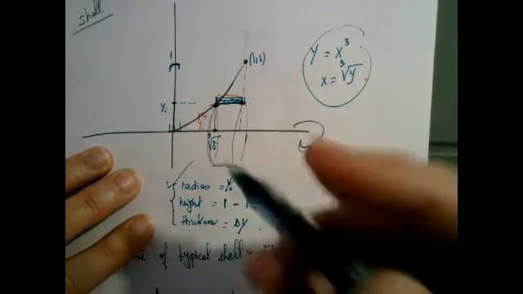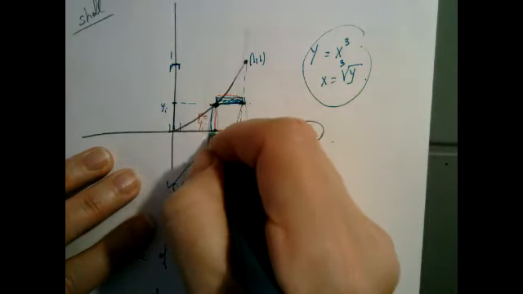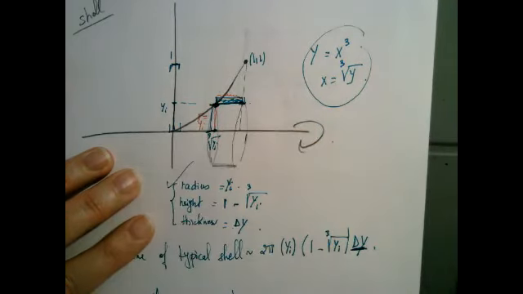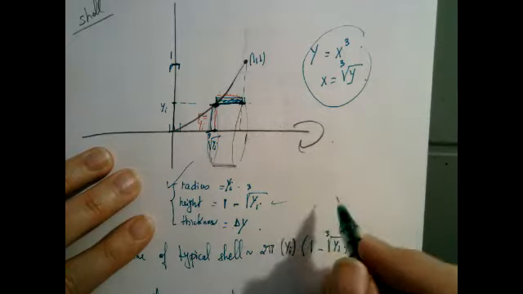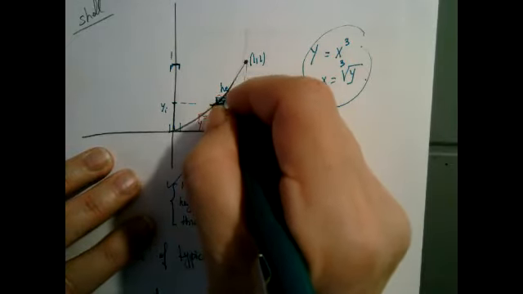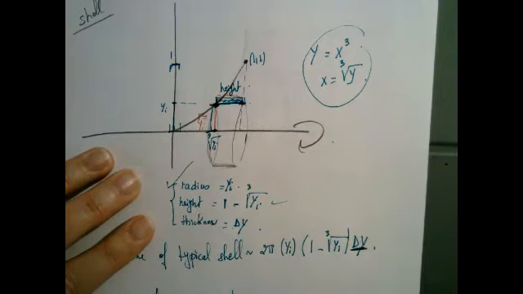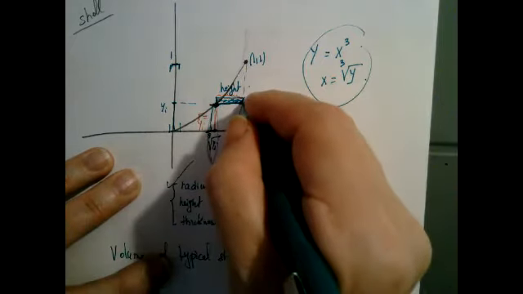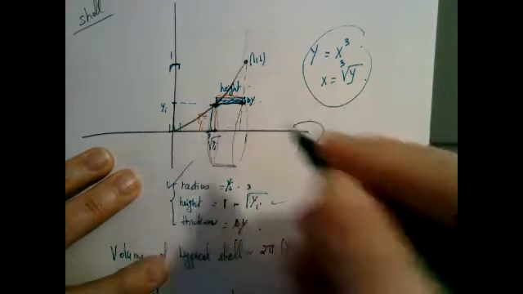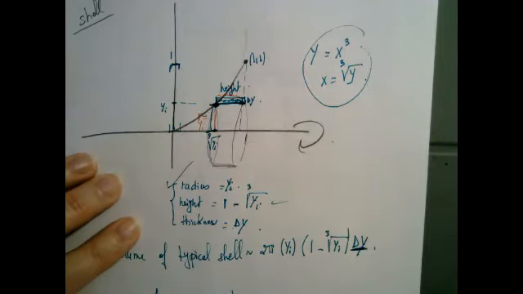I want to know what is the radius from here to here. That's the radius. The height. What is the height? That's the height. So the thickness is delta y. That's what I mean by that. I want to know exactly, do you know what the inner is? Do you know the height, the radius?